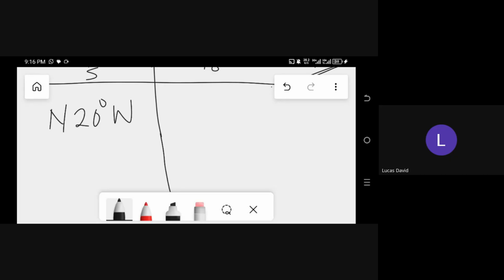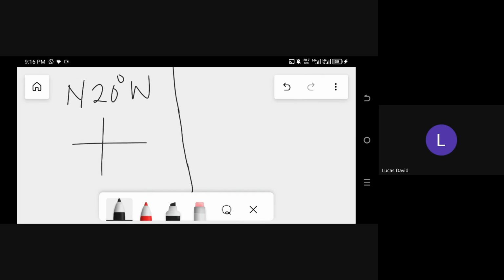Doing this again, it's paramount that you try to draw an illustration so that it helps you with what you have to do. So try to illustrate what north 20 degrees west means first. You already know that this is the north, this is the west.